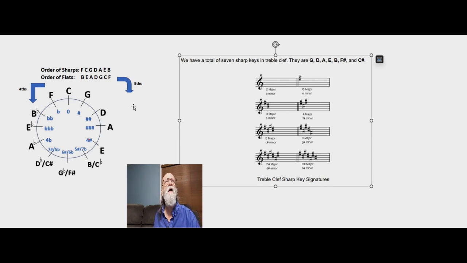And the same thing works with the flats. If you see 2 or 3 flats instead of sharps sitting out here on different notes, that helps just by looking at a piece of music to know what key it's in. So it's one of the neat uses in theory of knowing this.